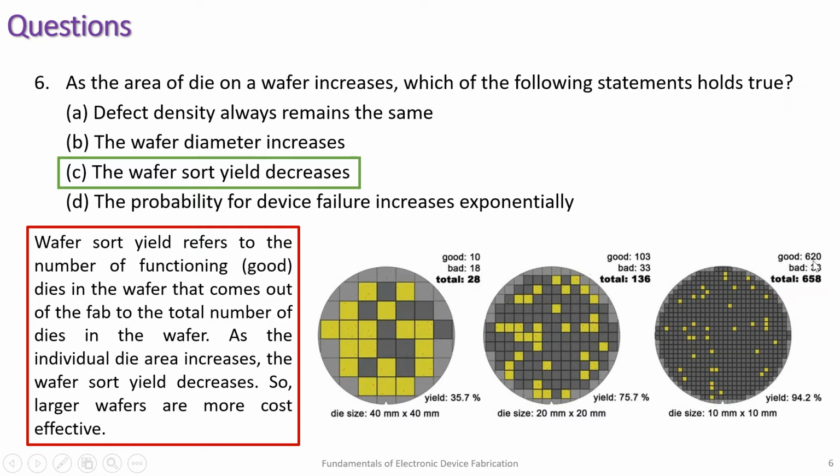Here, since 620 are there, even if 38 are bad, the yield will still be good. So as the die area increases, the wafer sort yield will decrease. So is that clear? Okay. So now we'll move on to the next question.